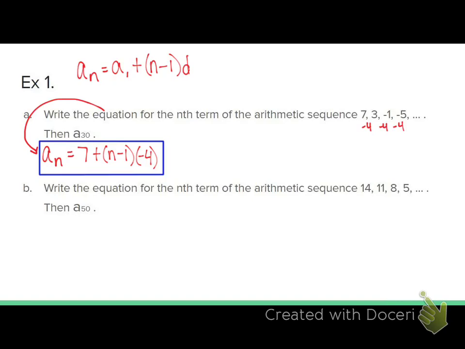Okay. Now we find the 30th term. So A sub 30 is what we're looking for. We still are going to use a 7 here, plus, what do you think we're plugging in for n?